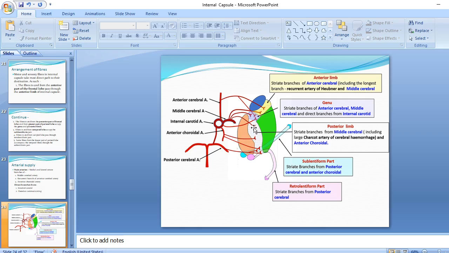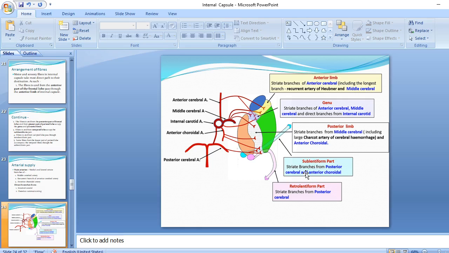So you can see the posterior limb is supplied by branches from the middle cerebral artery and the anterior choroidal artery. One of the side branches is very large, and it is known as Charcot's artery of cerebral hemorrhage, and this is very often ruptured and involved in the cerebrovascular accident.